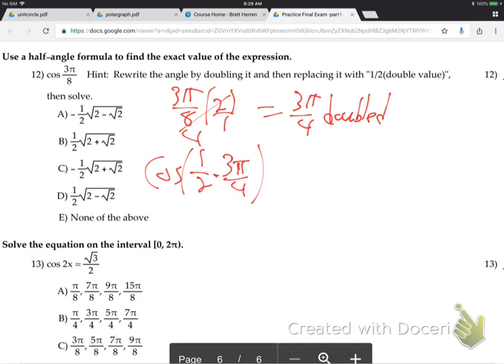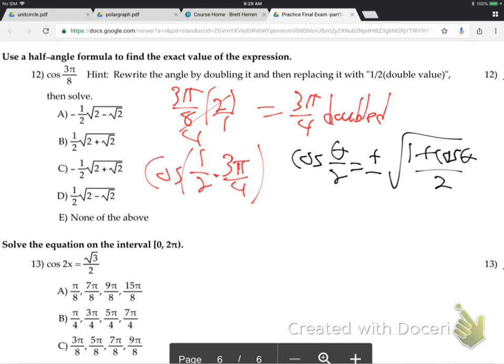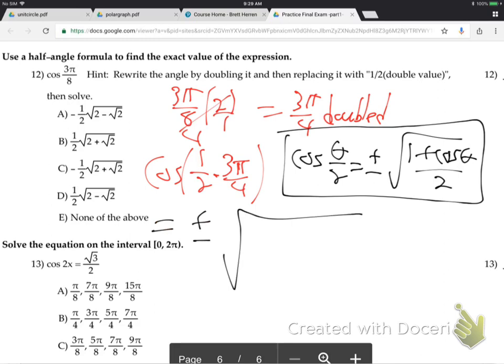Half angle formula, cosine, there it is. You'll have it on your 3x5 card, or your full sheet of notes. Cosine of theta over 2 is plus or minus the square root of 1 plus the cosine of theta, all over 2. Yeah, that's it. So you'll have that on your sheet. So therefore, this is equal to plus or minus, and we'll get that in a minute, the square root of 1 plus the cosine.